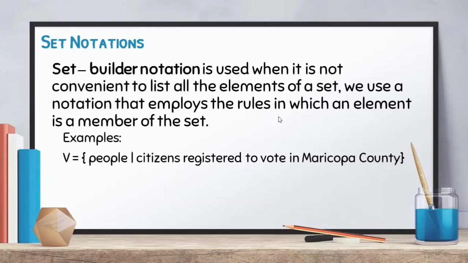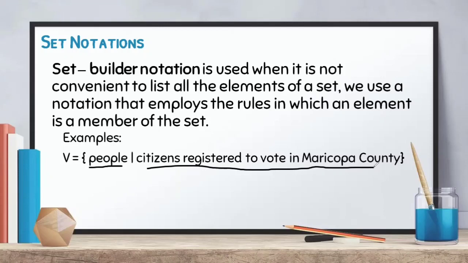First, we're going to have an element as a member of the set, and the element that we are using here as a member of our set is people, followed by the rule that it employs. And what is the rule? Citizens registered to vote in Maricopa County. Meaning, the set that we are talking about here will be the people that are only citizens registered to vote in Maricopa County.